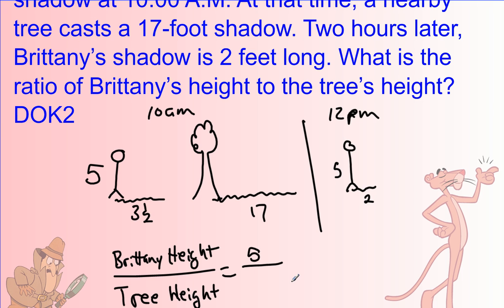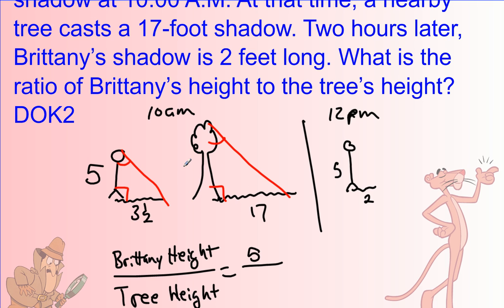Alright, so looking at this other information I have here, what can help me find how tall the tree is? Well, if you remember a previous problem about something casting shadows, how it makes similar figures, because this angle would be the same, and that's a right angle, and this angle would be the same, and that's a right angle.